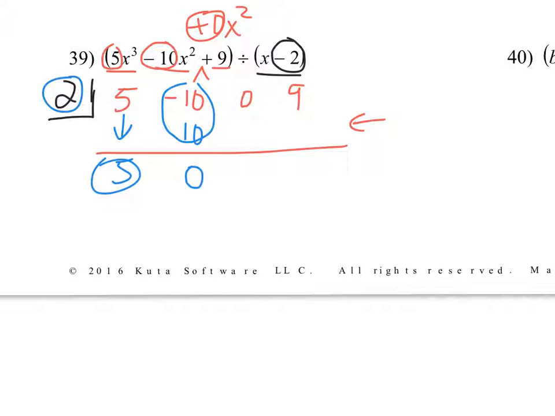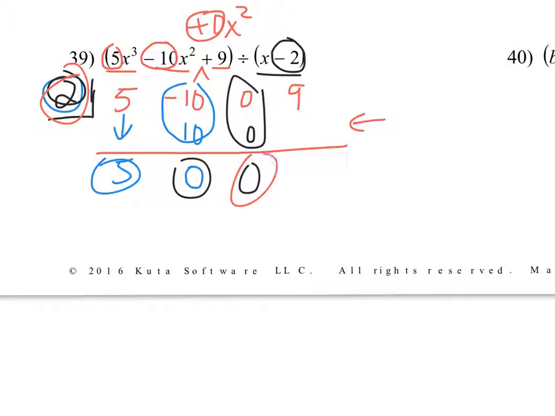Then I take this 2 and multiply it times this 0, and it goes in the next column above the line, which is 0. Now I combine these two: 0 plus 0 is 0. Then I take this 2 and multiply it by this 0, which is 0, goes there, and then I combine these two, which gives me 9.